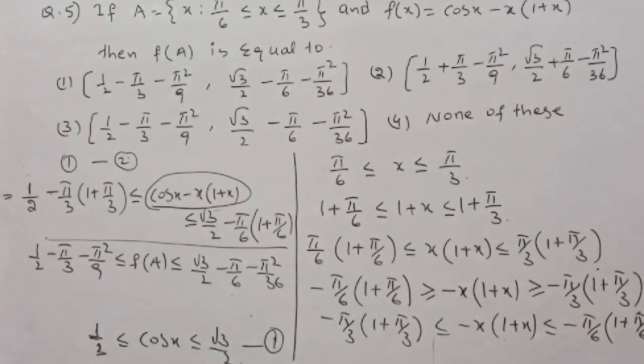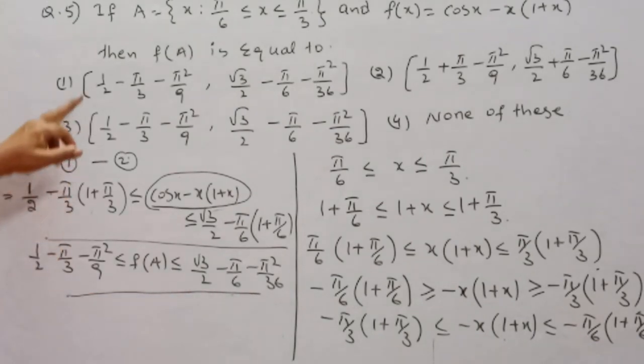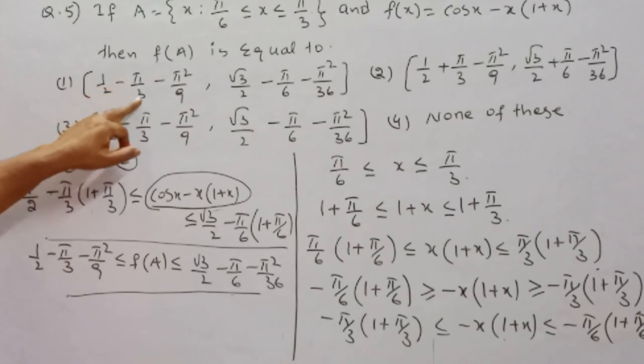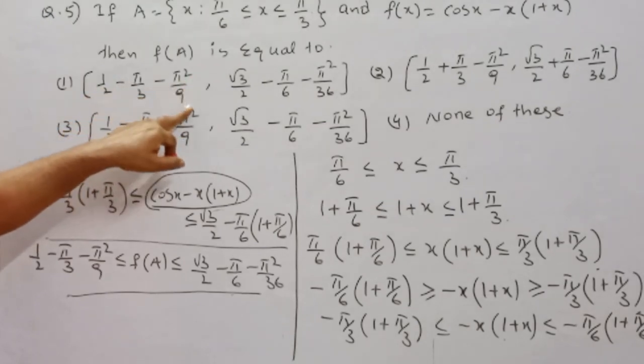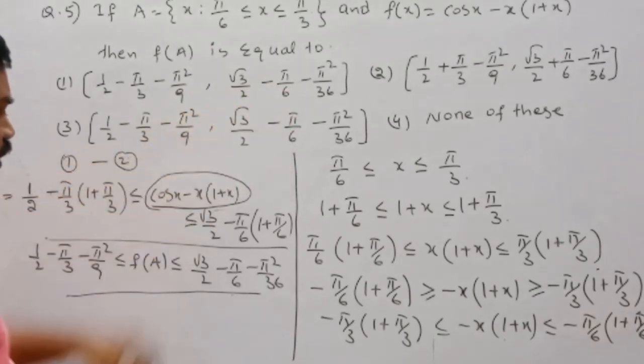This is the range. So 1 by 2 minus pi by 3 minus pi square by 9, comma, root 3 by 2 minus pi by 6 minus pi square by 36 is the range of f of A. Okay, all of you. That's all. Thank you.